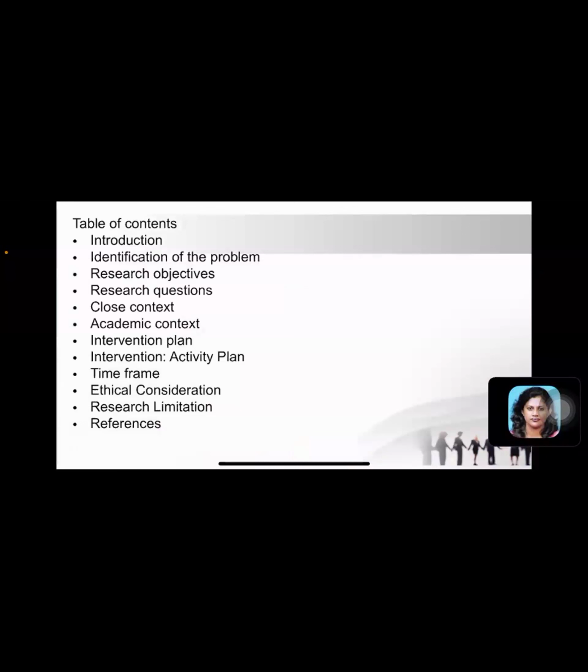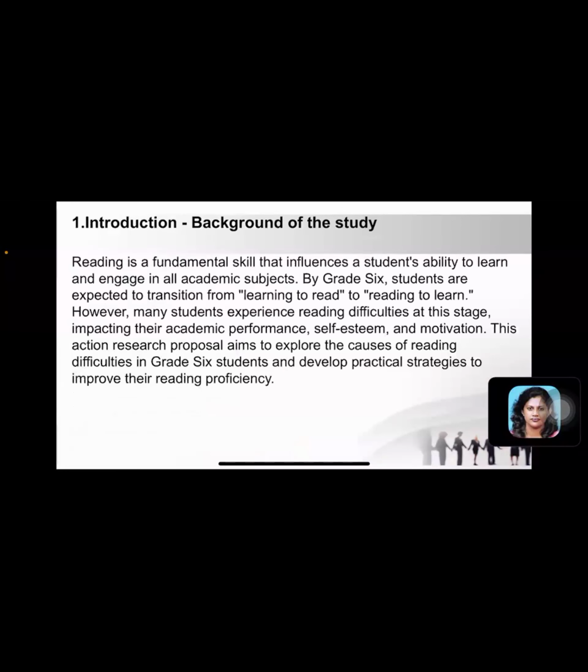This is my table of contents, and this is the background of the study. Reading is the foundation for academic success, and yet many grade 6 students face significant barriers in developing these skills. These reading difficulties affect not only their learning but also their confidence.